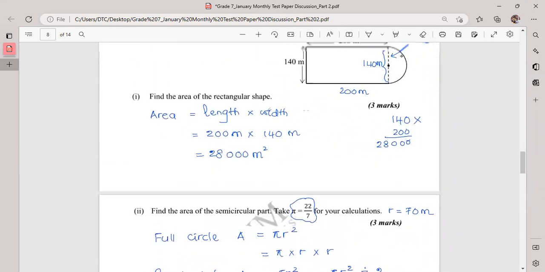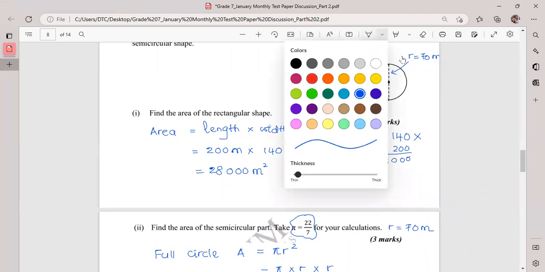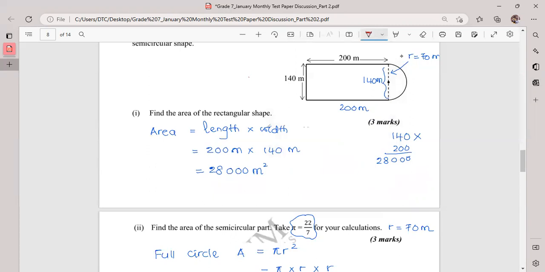Children, how do we find the perimeter of the land, right? For that, you want to understand the perimeter is the outer boundary, right? How are we going to get the outer boundary? You just see the red color line. You go like this, the straight edge. Then you have the circular edge like this.